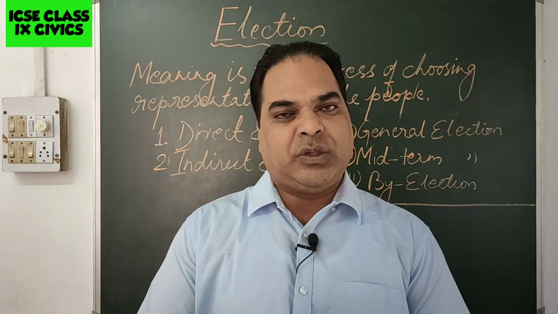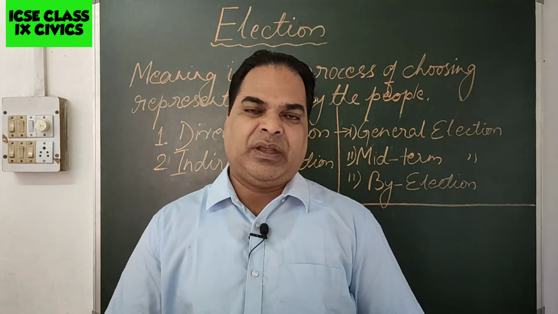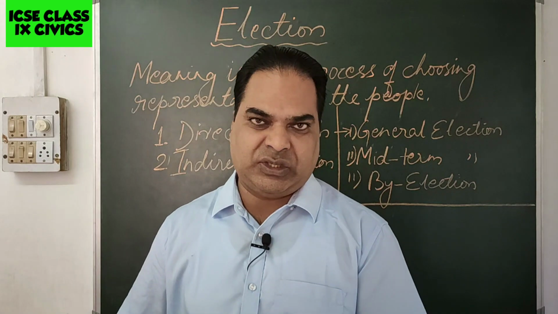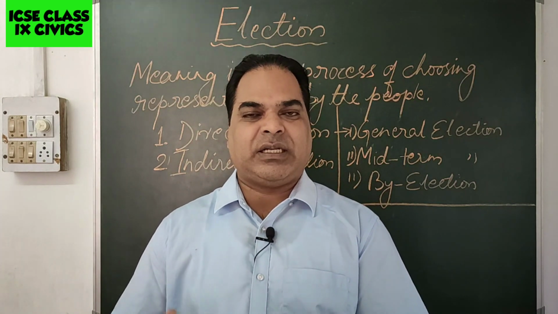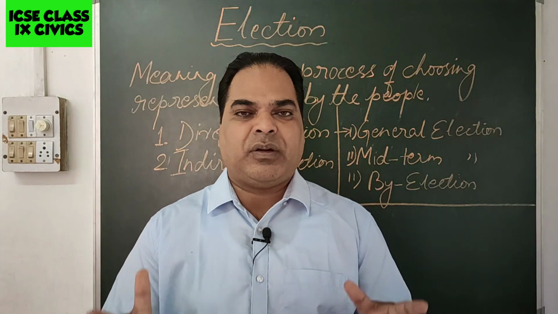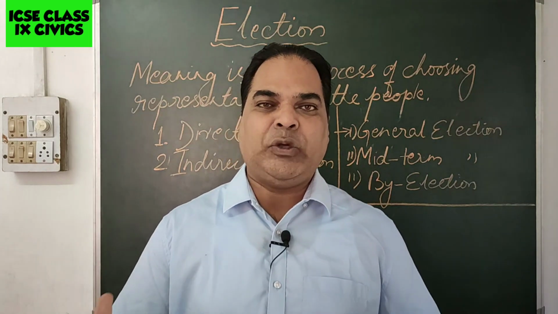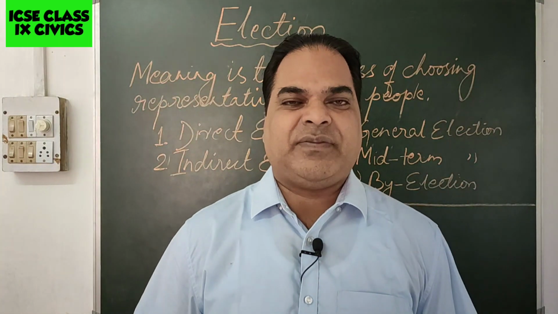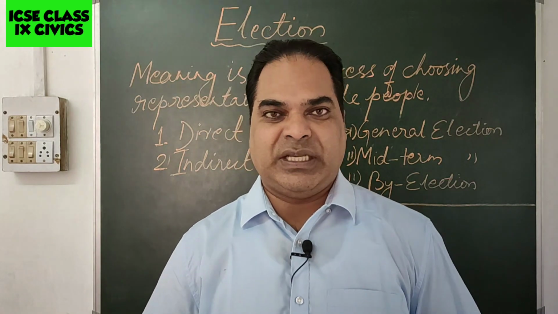Like in schools, we have a number of classes, right? And each class is again divided into a number of sections. Why is it done so? So that the proper process of taking classes can continue smoothly. In the same way, the entire country is divided into a number of constituencies.